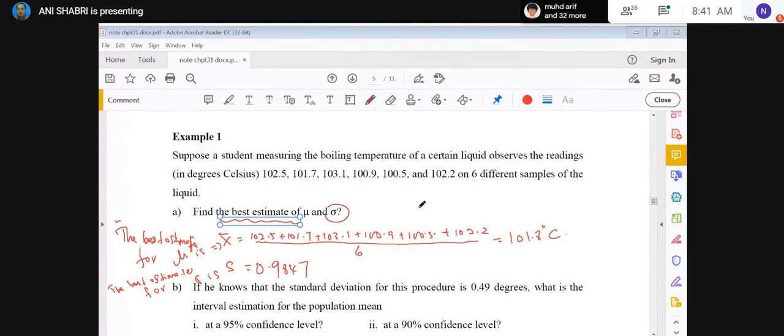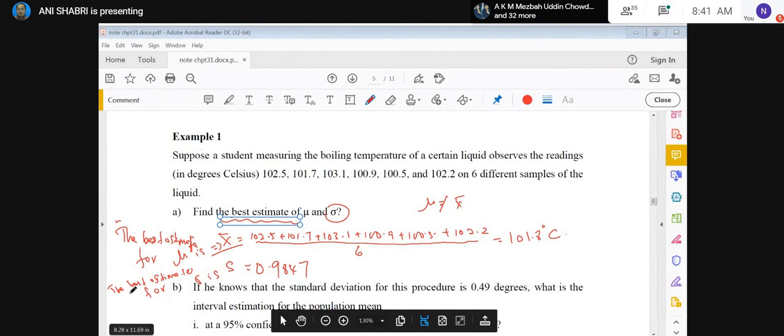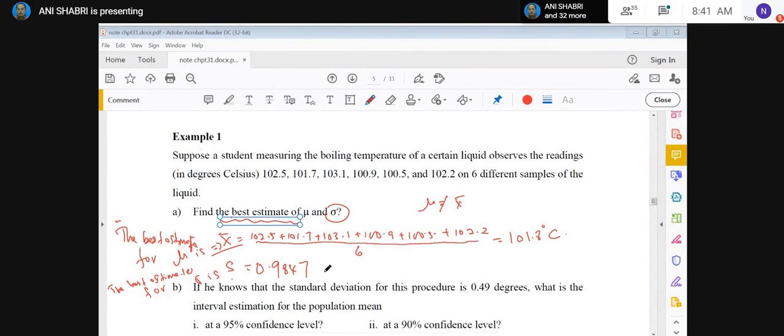Mu is not equal to this. You must state that the best estimate for mu is equal to S bar. Same with this one, the best estimate for variance is S, and it is equal to 0.9847.